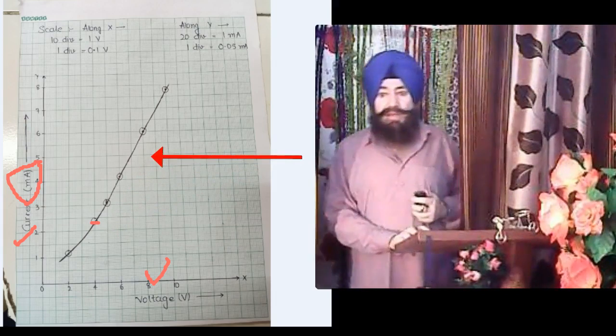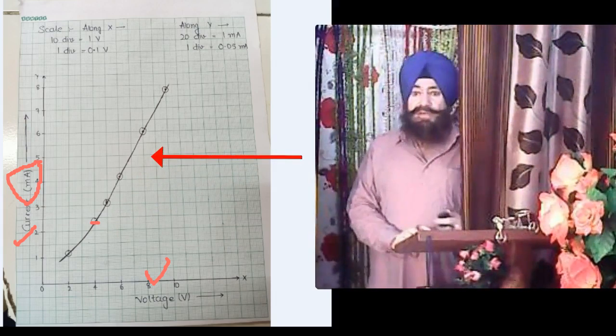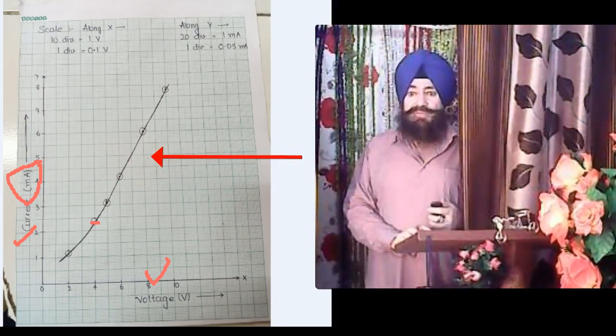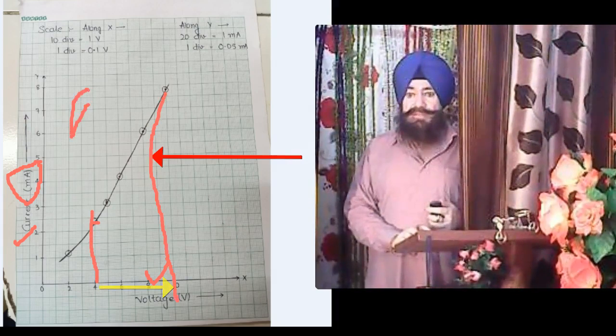If the graph is straight line between voltage and current, it tells us that when the voltage is between 4 to 10 volt, then the resistance is constant. Resistance is more or less constant.